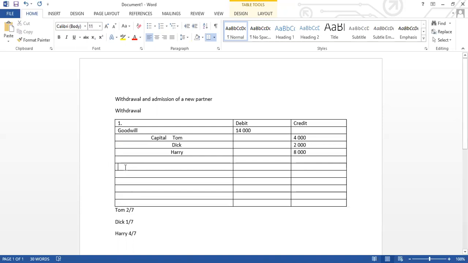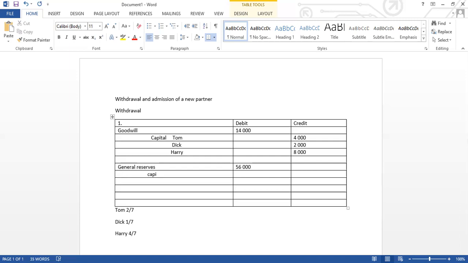Okay. So the second one here is general reserves. So we debit the general reserve account with how much? With 56,000. And then we credit our partners' capital accounts.